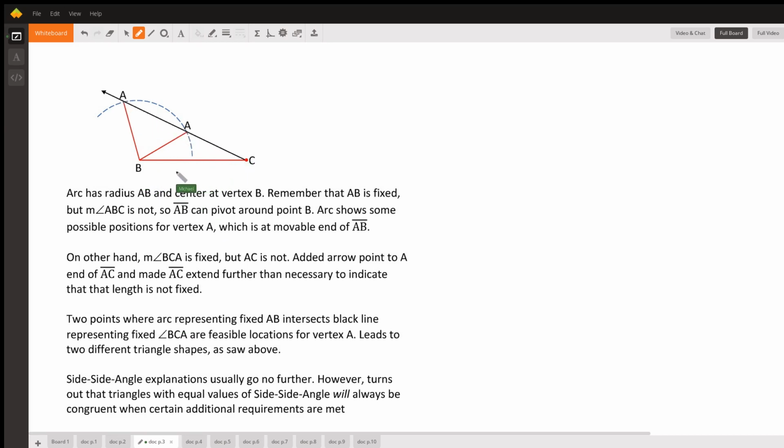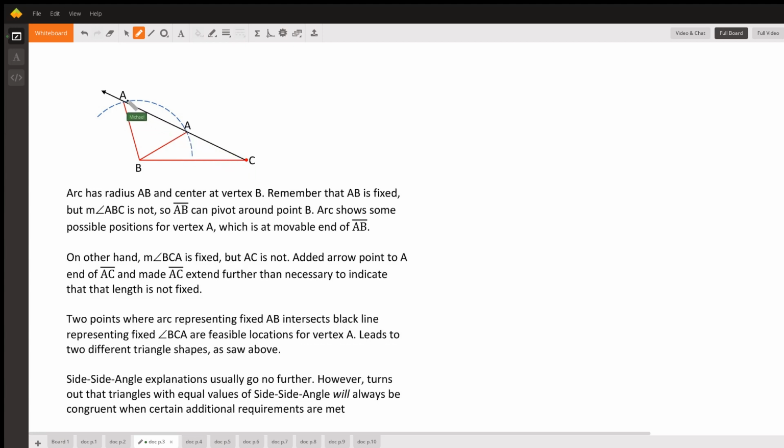The reason this happens: leg AB here, the fixed side that's not next to the fixed angle, this angle is not determined, but the length is specified. So this arc here shows various places that would satisfy the requirement of this being the length of AB. Leg AC has a fixed angle here, so we can't move this line.